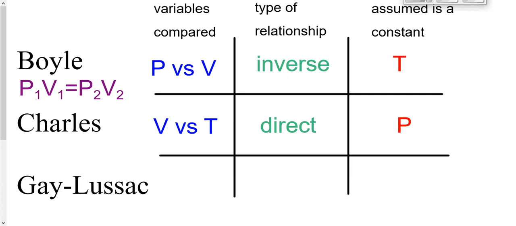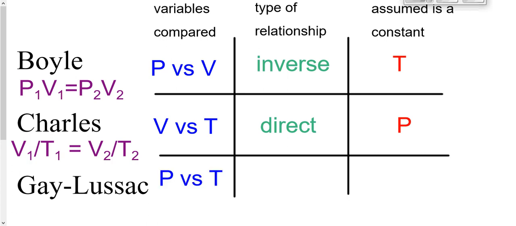Charles's law assumes that the pressure will stay constant throughout the entire time in order for the relationship to hold true. Mathematically, we would say V1 divided by T1 equals V2 divided by T2. As with all direct relationships, we divide. Remember, temperature is always in the position of the denominator in these gas laws. It's on the bottom, and it has to be in the units of kelvins for the gas law to hold true.